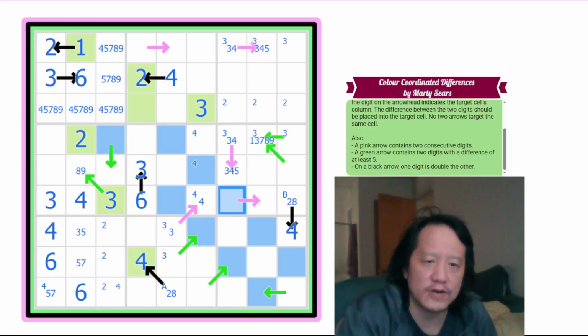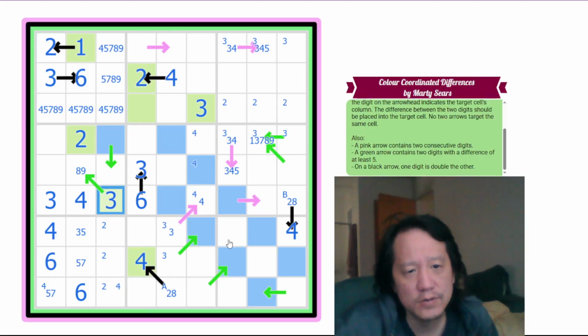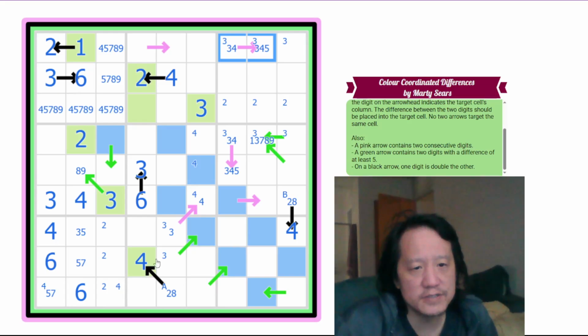This cannot be 4, 3, 5 because we have a 3 in the row. Okay, so in these spaces we have 6 twice. Okay, that's interesting.